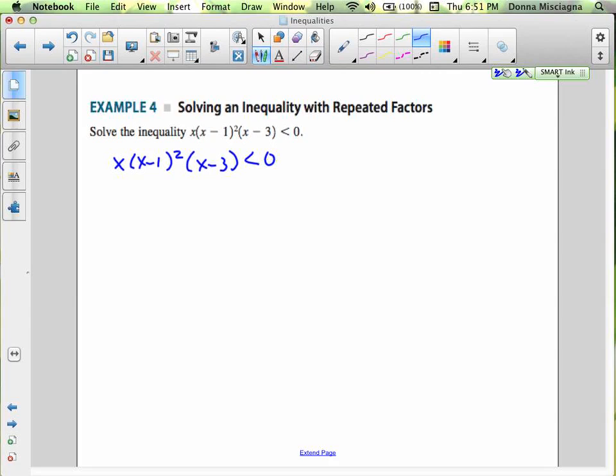All right, so we're already isolated. So we have solutions here at x equals 0, x equals 1, and x equals 3.